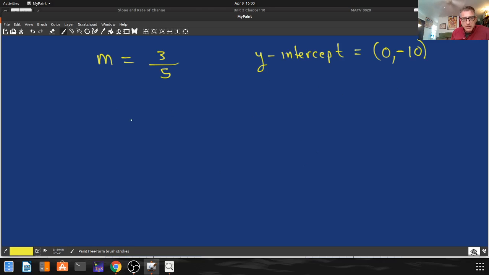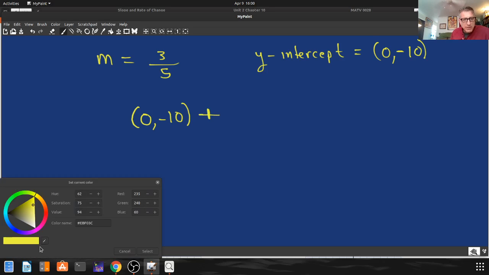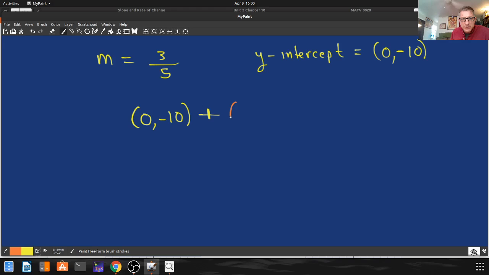So what I do is I take my y-intercept, and I'm going to be adding points, but it's really easy. And I'm going to create what's going to be called an adder point. So I'm going to put my adder point. This is my adder point.